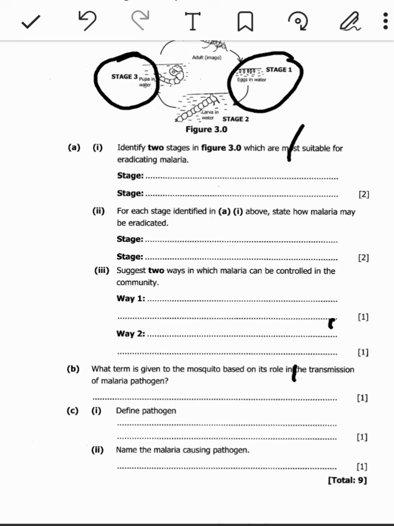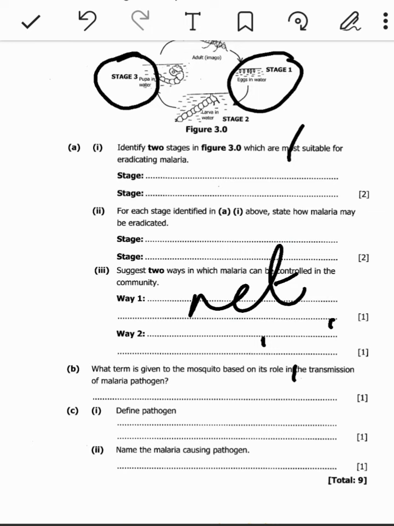We're saying, suggest 2 ways in which malaria can be controlled in a community. The first one is to encourage people to sleep under a mosquito net. A mosquito net is very important because it is going to assist in reducing malaria.